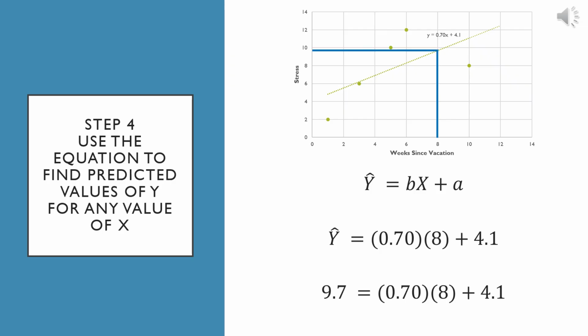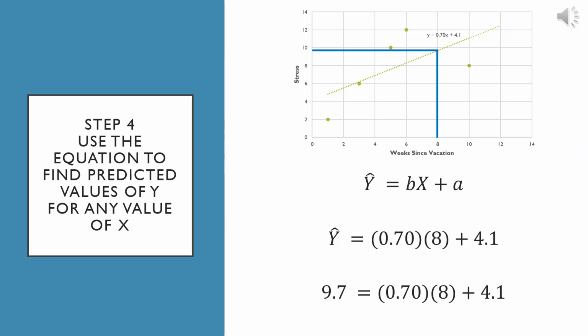Okay, so what I've done here is basically created a visual representation of how you find the predicted value of y for any given value of x. We were talking about a value of weeks since last vacation of 8, right? So 8 weeks since last vacation. So if you go to the x-axis, the horizontal axis, and you find weeks since vacation of the number 8, and you follow it up to the trend line, and then you stop right there where it touches the trend line, and then you go immediately all the way to the left to figure out where does that line up on the y-axis.